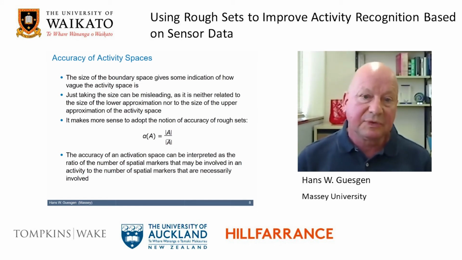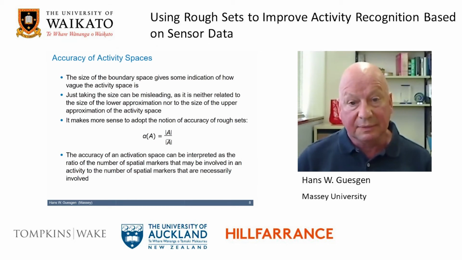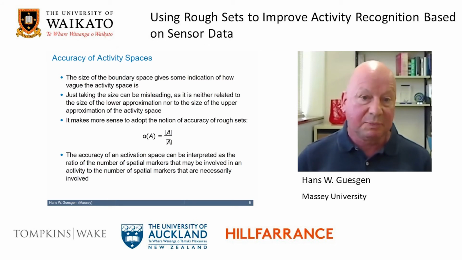The accuracy of the activity space is the size of the lower approximation of A over the size of the upper approximation of A. If the accuracy is 1, that means that the lower and the upper approximation have the same size, and therefore we know the activity space is precisely defined.